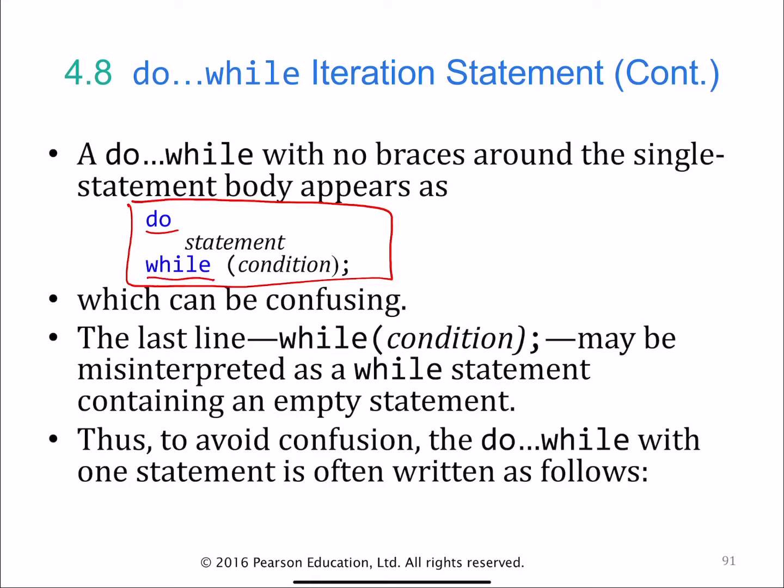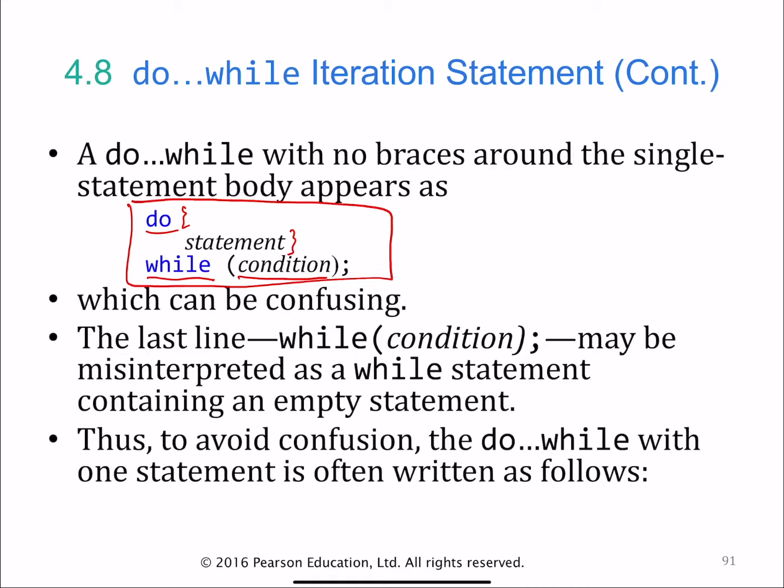In between the do and while, usually you can have multiple statements, and those multiple statements are, of course, inside curly braces. The condition can be any condition, like the conditions we've seen before.